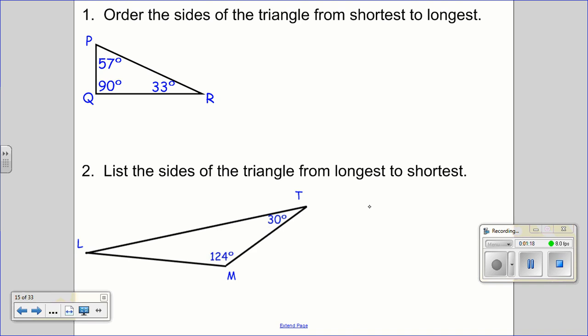So for this first problem, we're going to order the sides of the triangle from shortest to longest. The shortest side would be the side opposite the 33-degree angle, so that would be the side PQ.